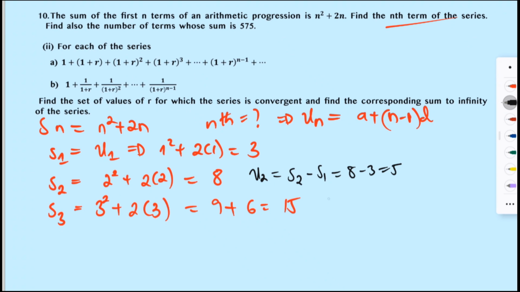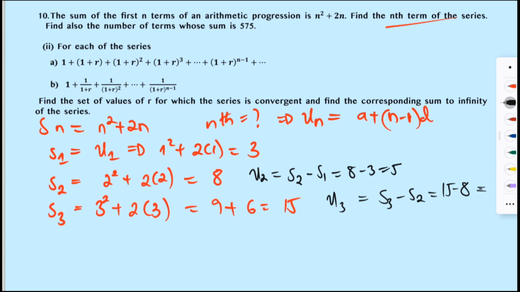And yet again, the third term would be the sum of the first 3 minus the sum of the first 2. 15 minus 8.